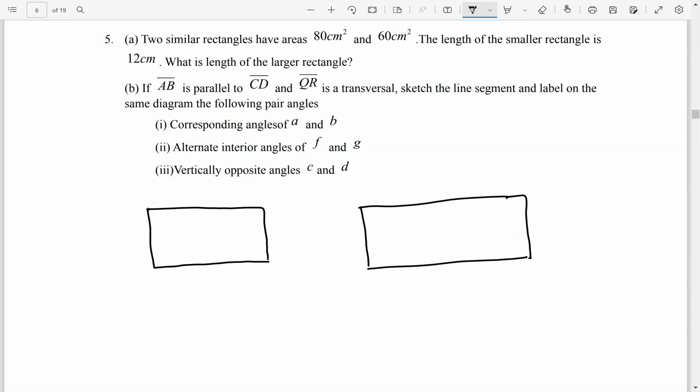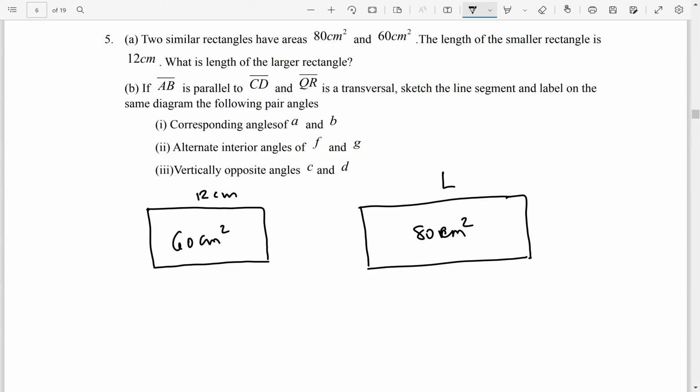The rectangle with the larger area is 80 centimeters squared, and this is 60 centimeters squared. The length of the smaller rectangle is 12 centimeters. So what is the length of the larger rectangle? We are looking for L here.